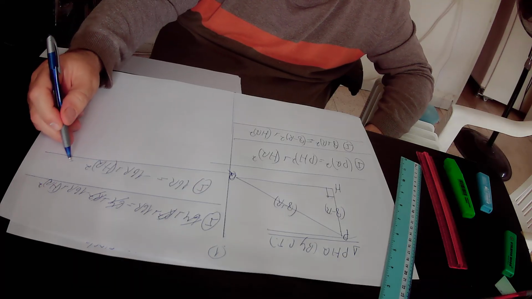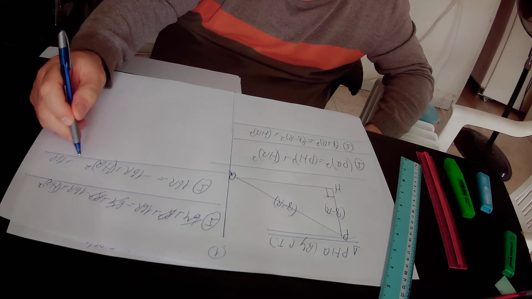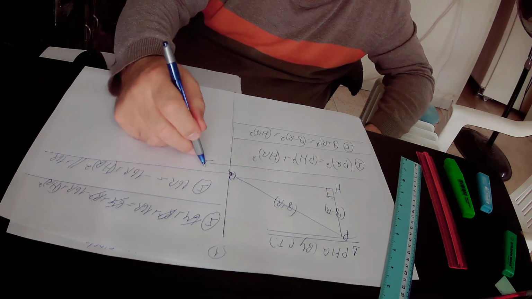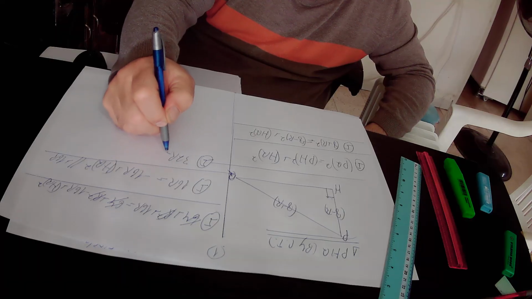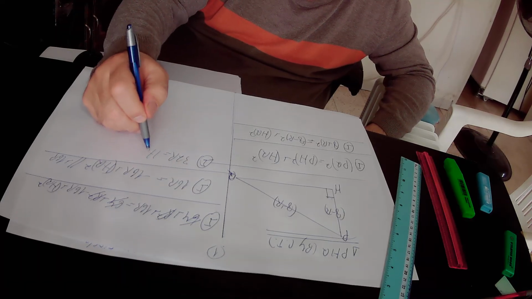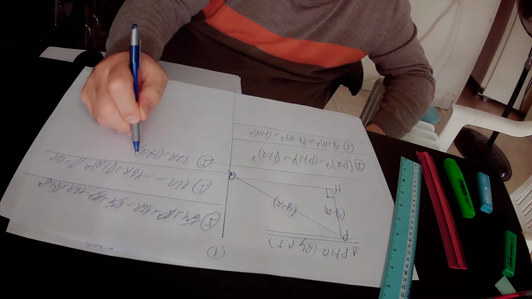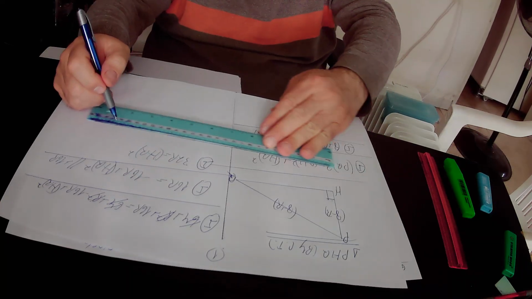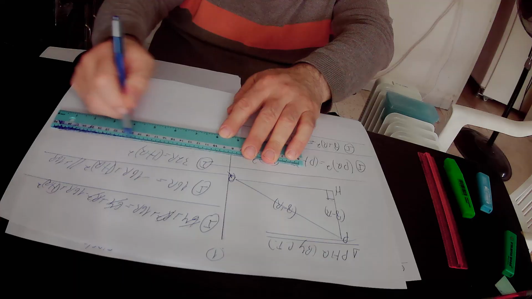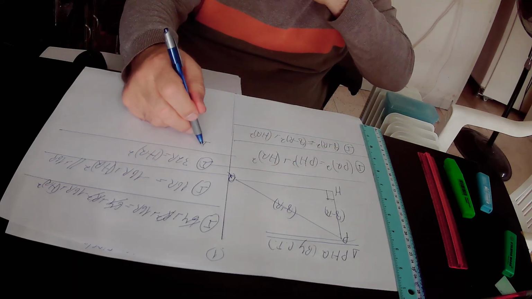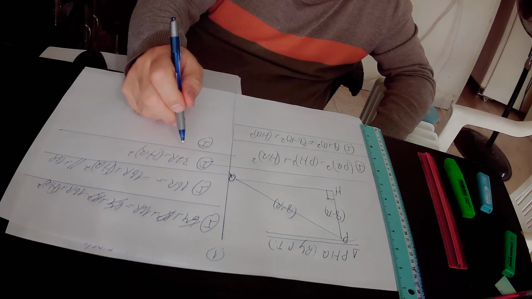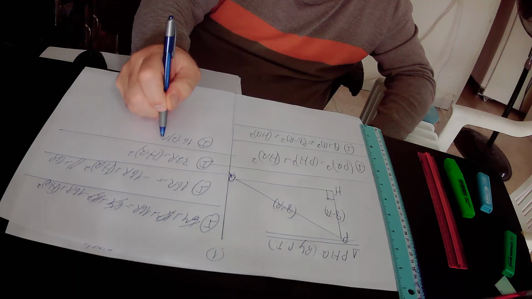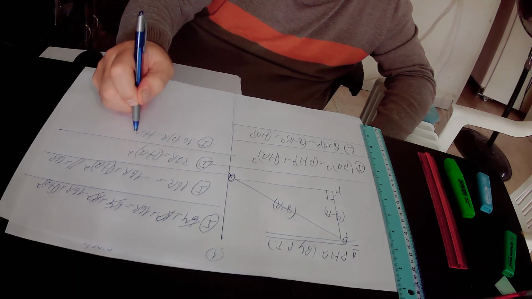Here we add 16R to equation 1, and we get that 16R plus 16R is 32R equals HQ square. Here we substitute 32 by 16 times 2, and we get that 32R is 16 times 2R equals HQ square.